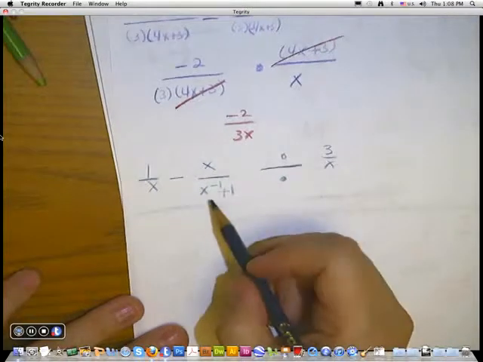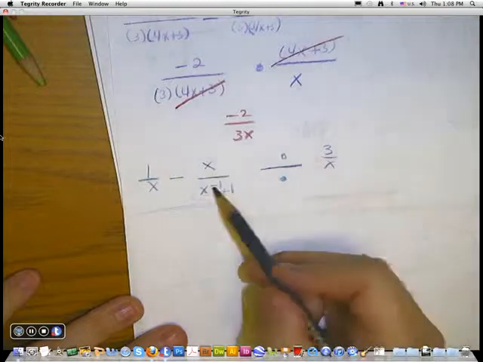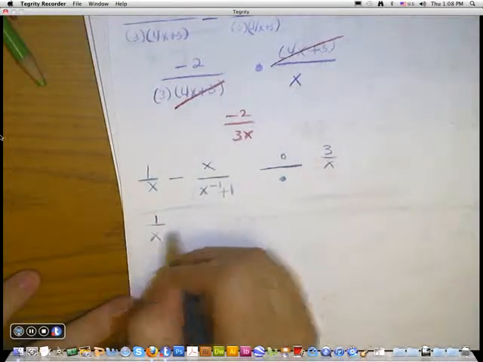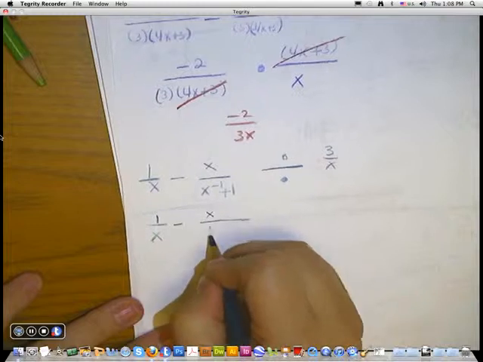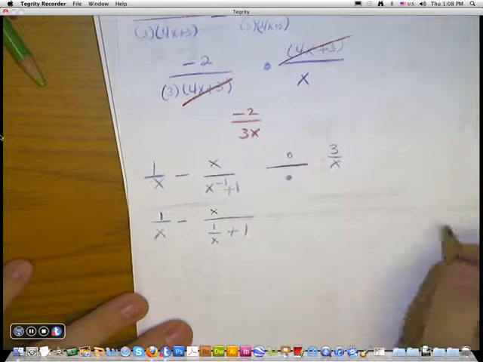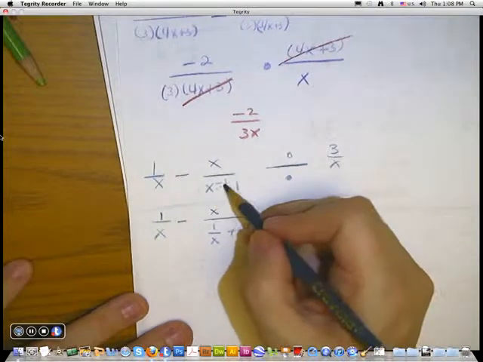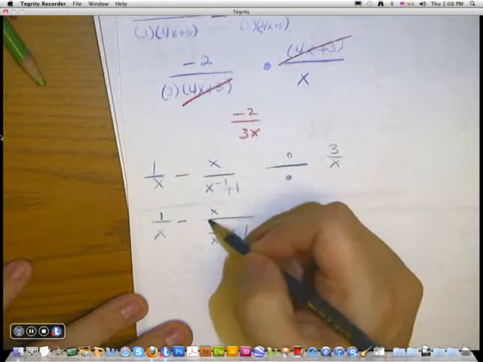Now, I need to deal with this. What does x to the negative 1 mean? Well, a negative exponent means cross the line, change the sign. x to the negative 1 means it's going to become a fraction.